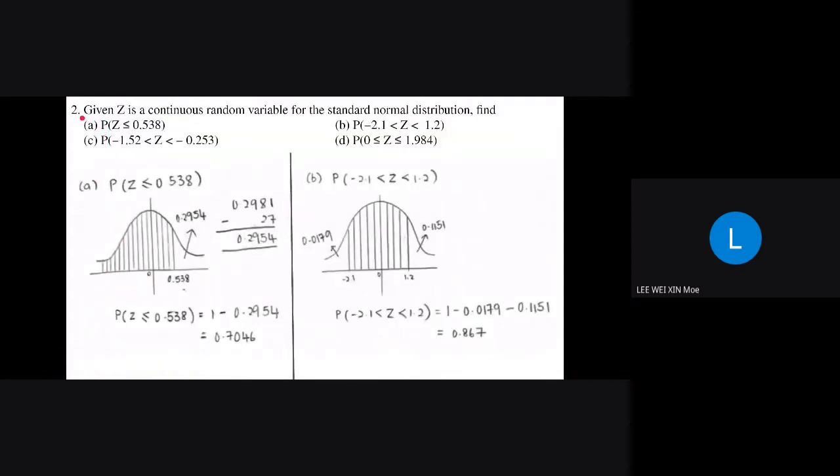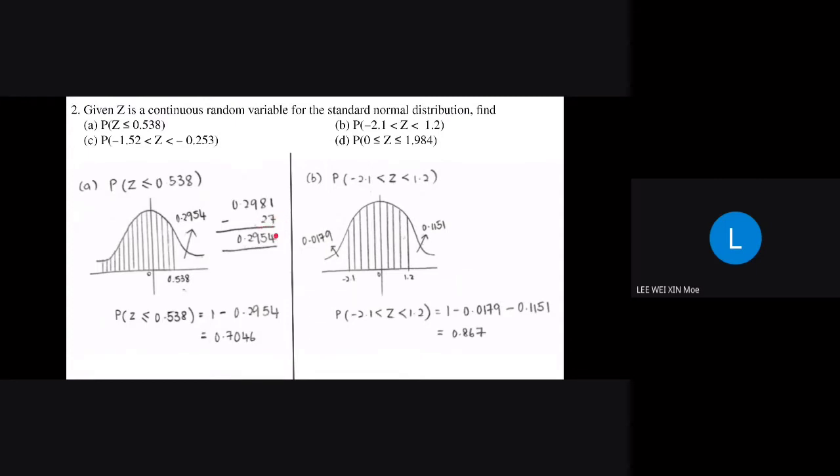Number 2. Given Z is a continuous random variable for the standard normal distribution, find Z smaller than or equal to 0.538. We need to find the shaded region, so we use 1 minus the unshaded region. And from the table, we know that 0.53 is 0.2981, and 8 is 27.